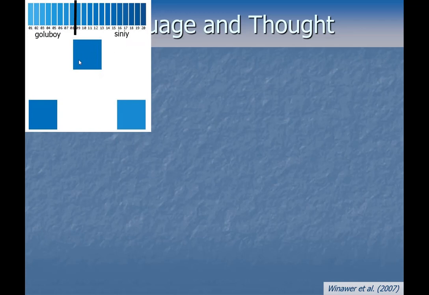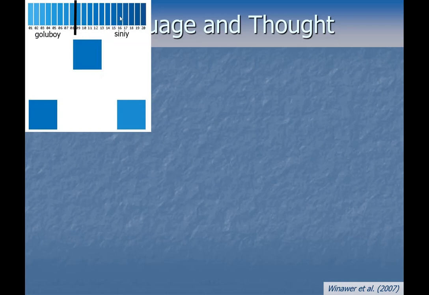But then they run through different combos, plucked out of different parts of this color space, and run through this task of just picking which is a match, left or right, which one matches the sample up here. And so they picked two color comparisons that were about three steps apart on this little color spectrum. So for example, they might use 3 and 6 as the two colors involved in a given trial, or they might use 6 and 9, or 7 and 10, or 10 and 13, or 13 and 16.